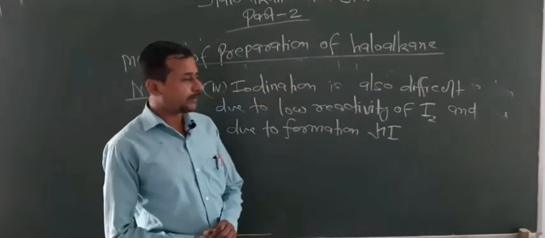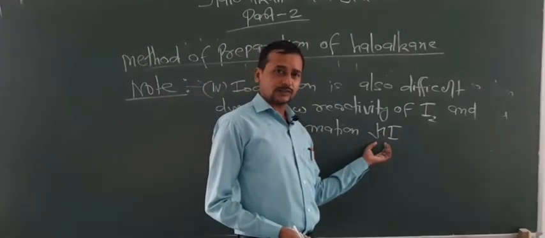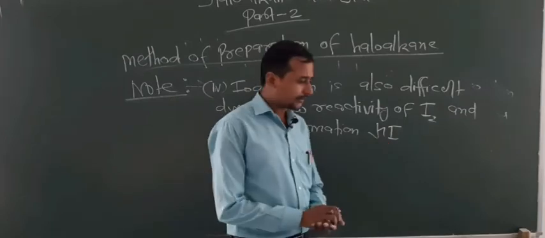I told you in P block, HI is the strongest reducing agent among the halogen halides.